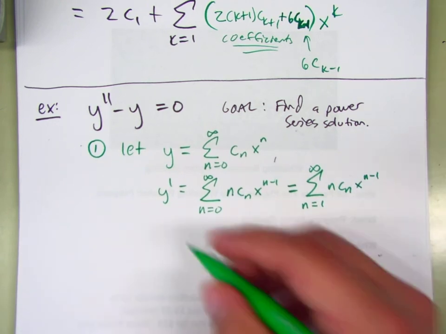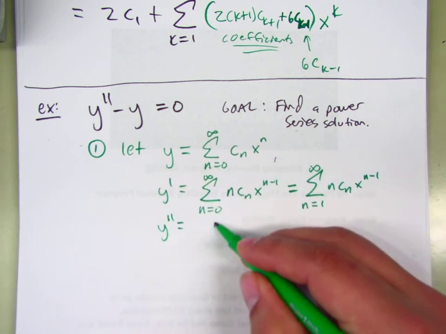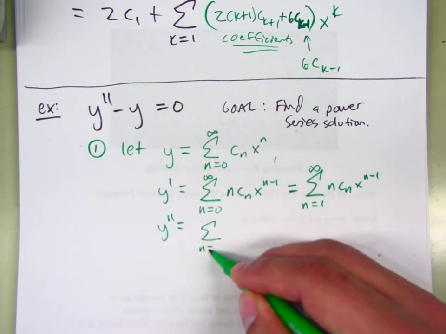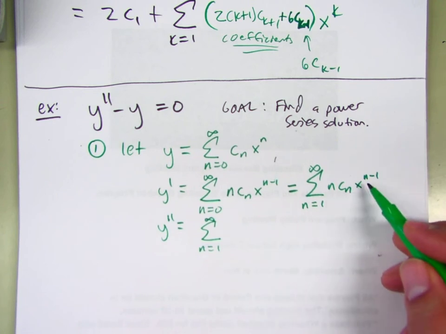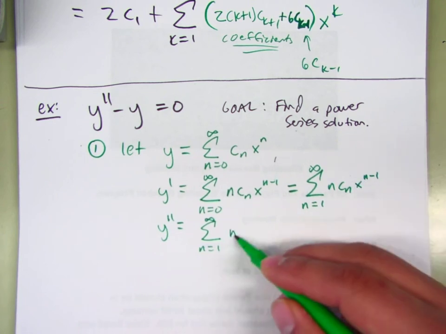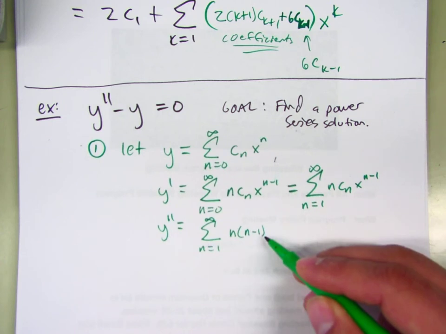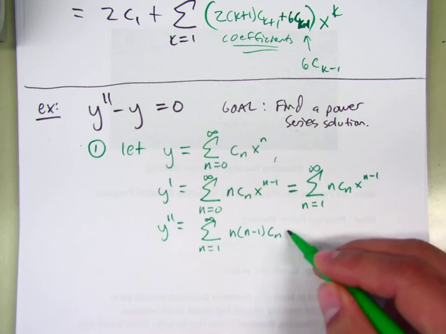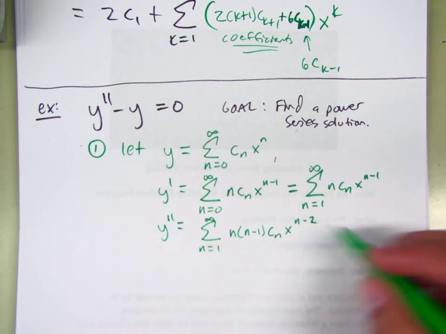Okay. Y double prime, so let's start over here, is going to be the sum from n equals 1 to infinity. And now the derivative of this power function, we have an n, and also the new power comes out, so that's n minus 1, c sub n, x to the n minus 2.